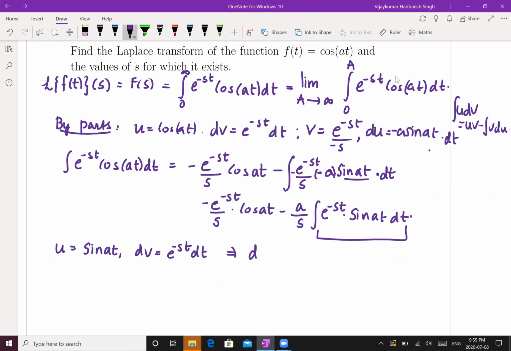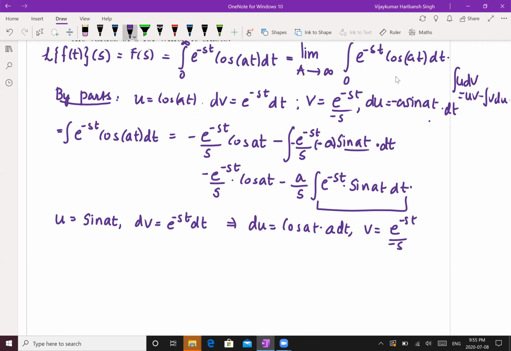This implies du equals cos of at times a times dt, and v is again e to the power minus st over minus s. So our original integral I is e to the power minus st over s cos of at, minus a over s.